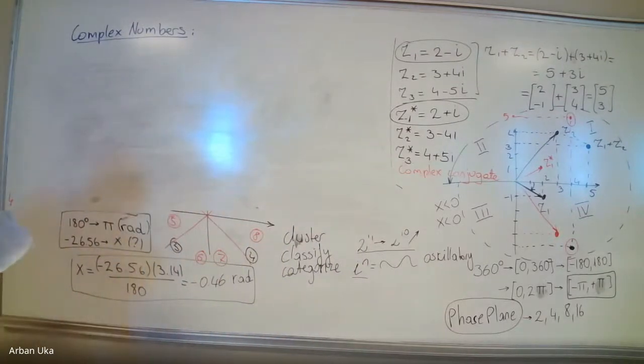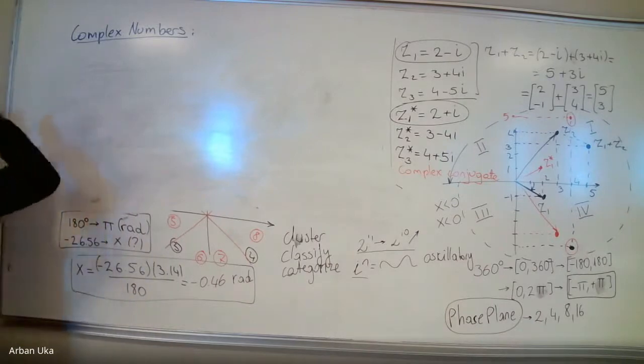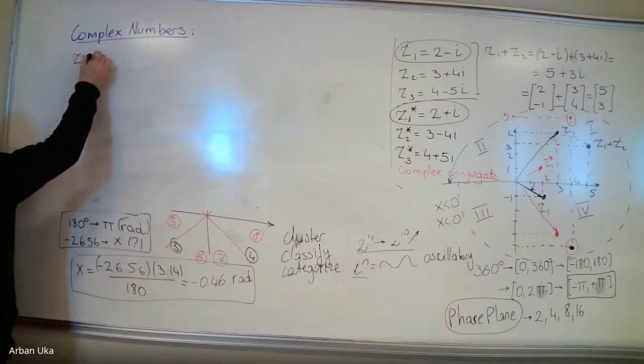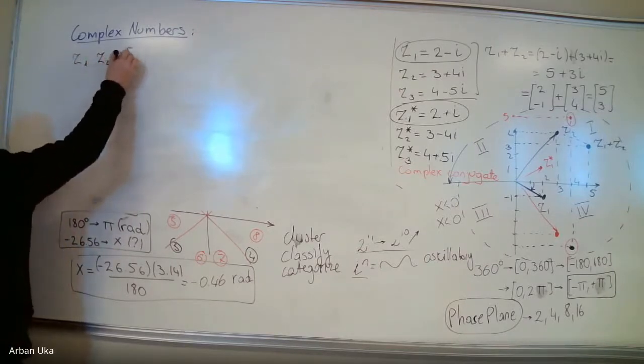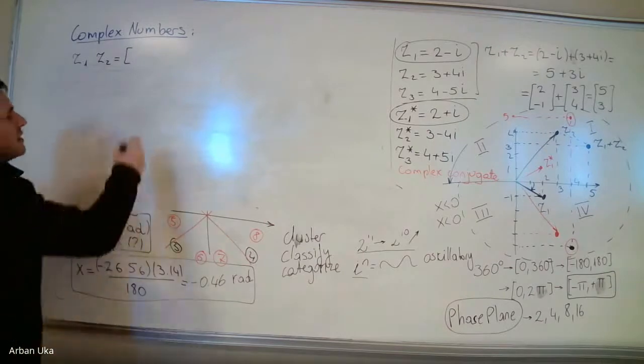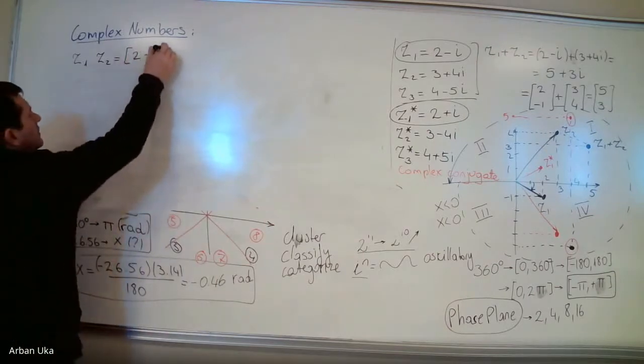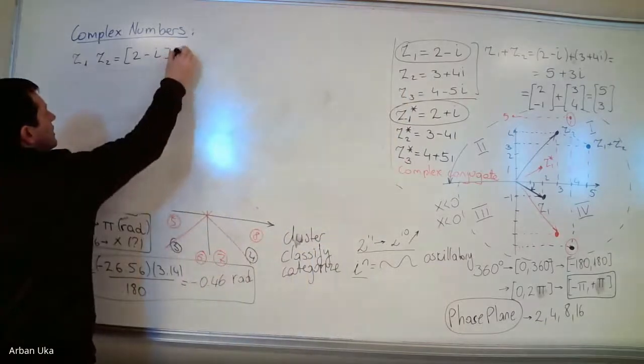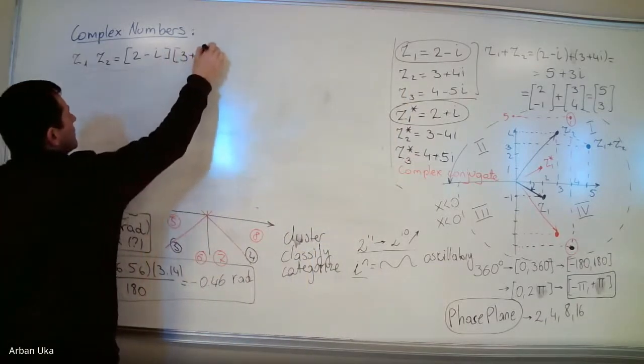Let's multiply Z1 and Z2. Z1 times Z2 will be equal to 2 minus i, and we're reading this here, times 3 plus 4i.